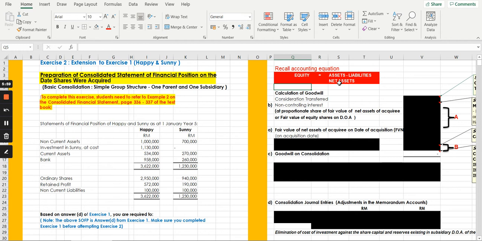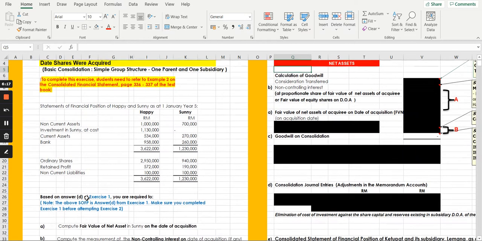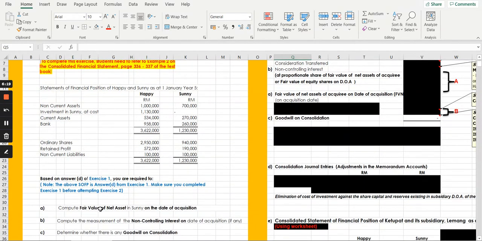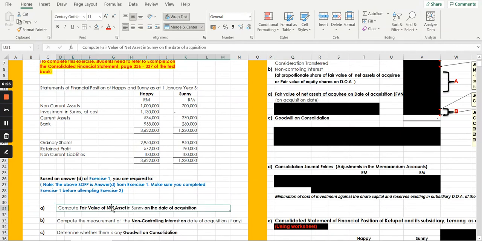So if you were to calculate the net asset, it is also the same if we find out what the equity is. So net asset is actually equal to equity. Whenever you say equity, it is also the net asset. So equity where? We are talking about equity in the subsidiary, because you are asked to compute the fair value of net asset in SANI.